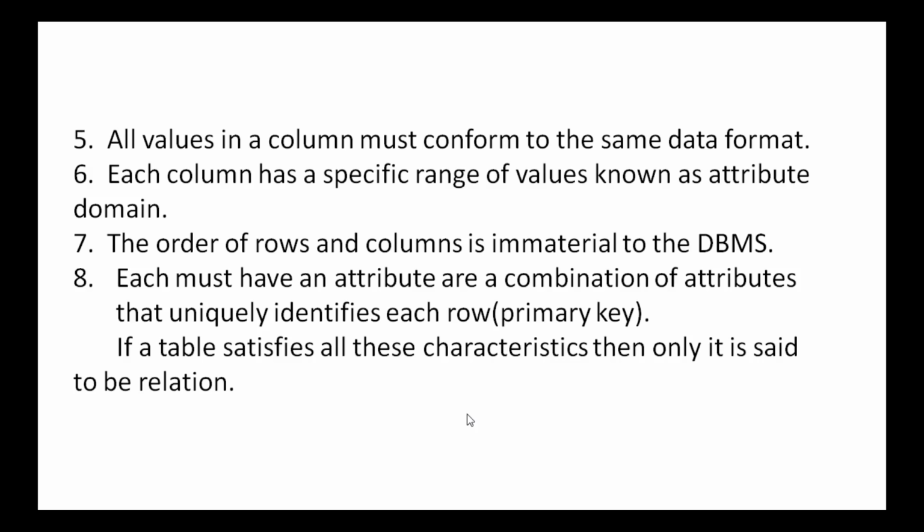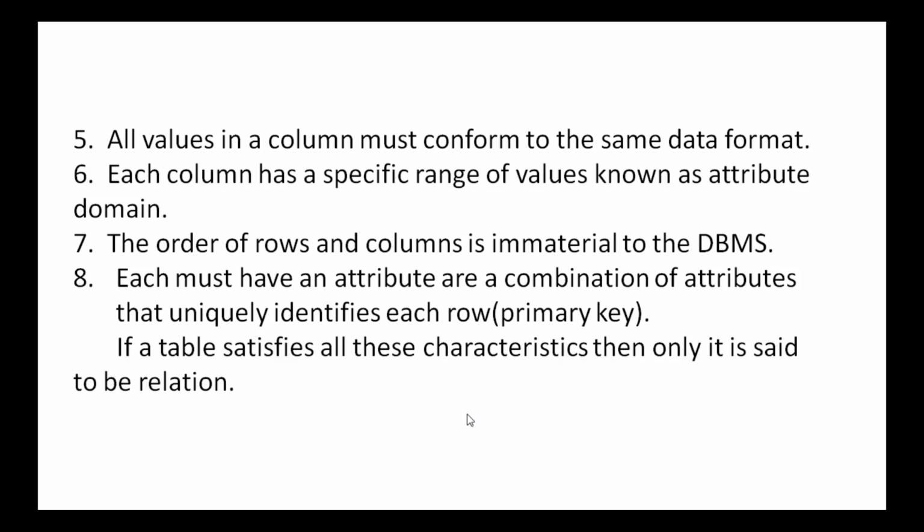When you are storing character format data in one column, all column values should have a character format, like that. Each column has a specific range of values known as the attribute domain. And the order of rows and columns is immaterial to the DBMS. The order of rows and columns.